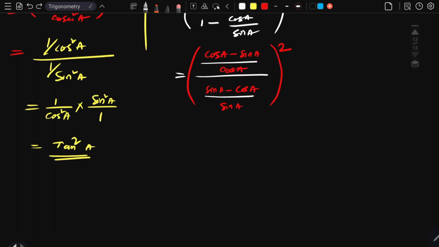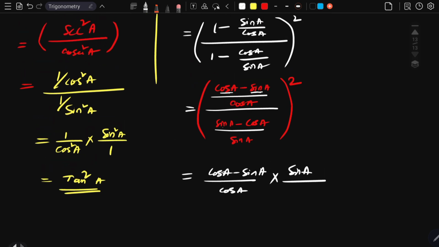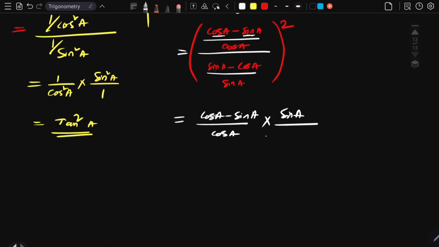Identify that in the numerator it is cos a minus sin a, but the denominator is sin a minus cos a. So writing cos a minus sin a divided by cos a, multiplied by sin a divided by, I'll take the negative outside. By taking the negative outside, cos a minus sin a is positive, both having whole square.